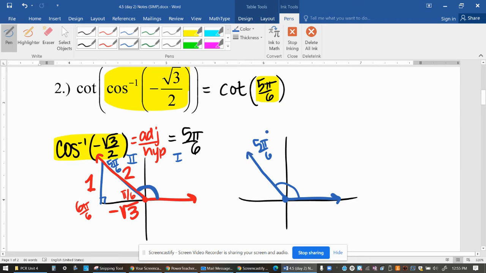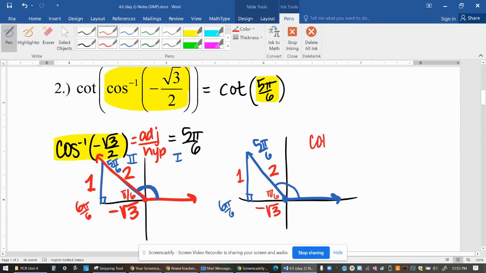It is 1 pi over 6 away from the x-axis. So this would be 6 pi over 6. Okay, so I'm redrawing it just to prove a point, but you don't have to redraw it if it's already on your first diagram. So using the reference angle of pi over 6, I need cotangent.